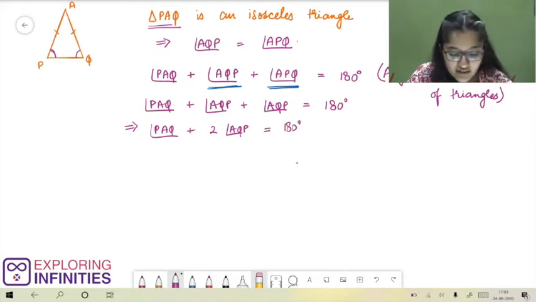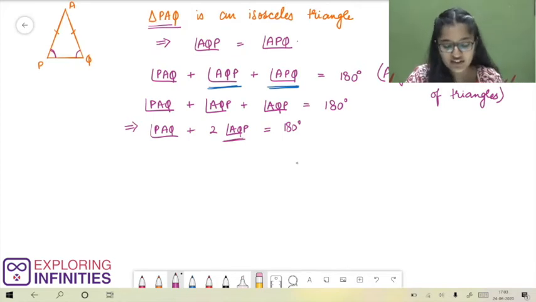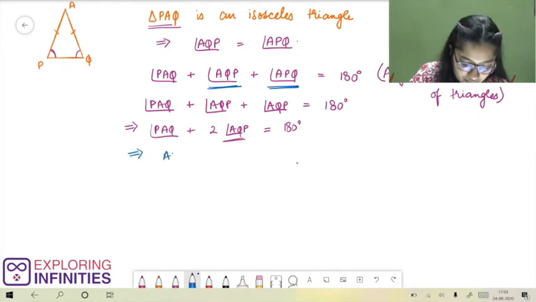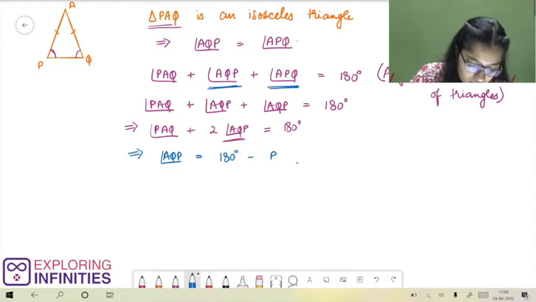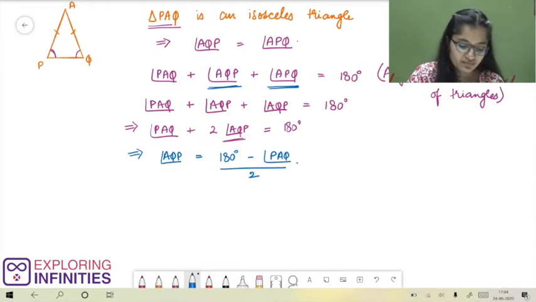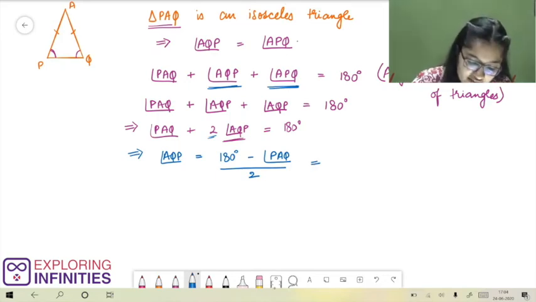So if we have only angle AQP on the left hand side and send the remaining terms to right hand side, we will obtain angle AQP is equal to 180 degrees minus PAQ whole divided by 2, because we are sending the 2 in numerator of left hand side to the right hand side. And on simplifying this, we obtain 180 degrees by 2, that is 90 degrees, minus half of angle PAQ.